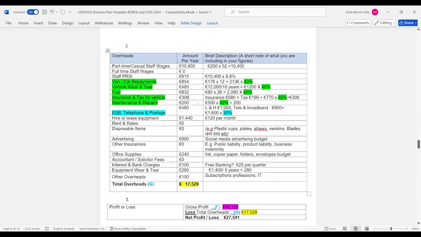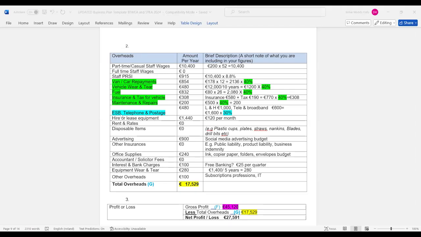The next item here is an estimate for your repairs and maintenance of your car, servicing, etc. So I'm putting in an estimate here of 500 euros for the year, and once again, allocating 40% of it for my business usage. So 40% of 500 is 200.